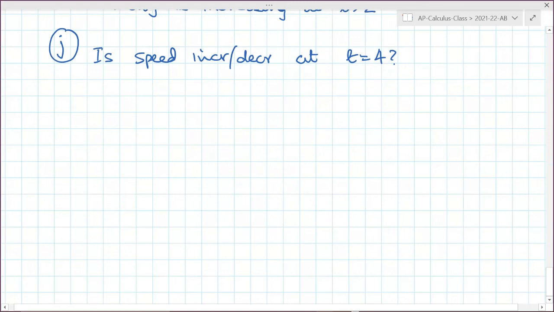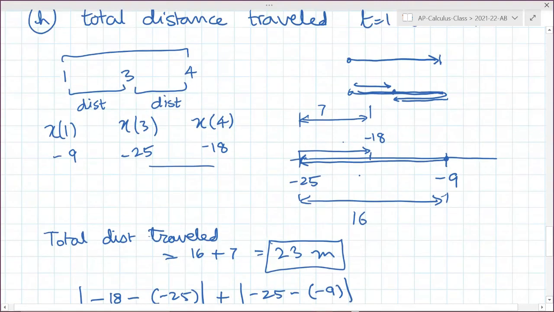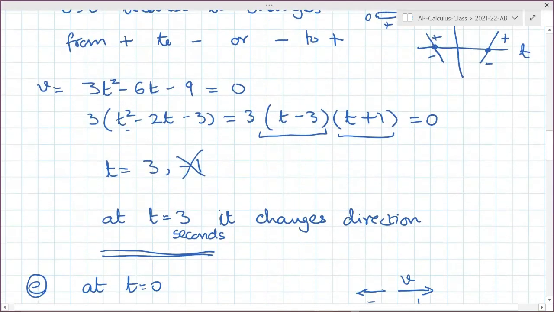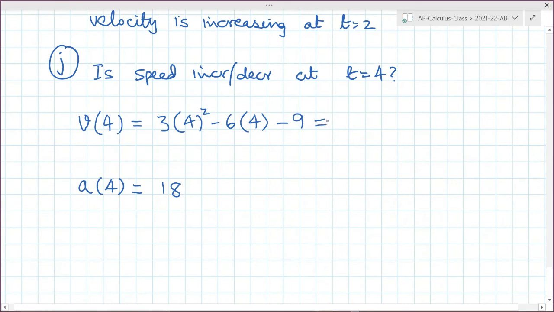So I need to know velocity at 4 and acceleration at 4. So did we find these earlier? Acceleration at 4 was 18, and velocity we can find out. Velocity was 3t squared minus 6t minus 9. So what is that? 15. So is it speeding up or slowing down?